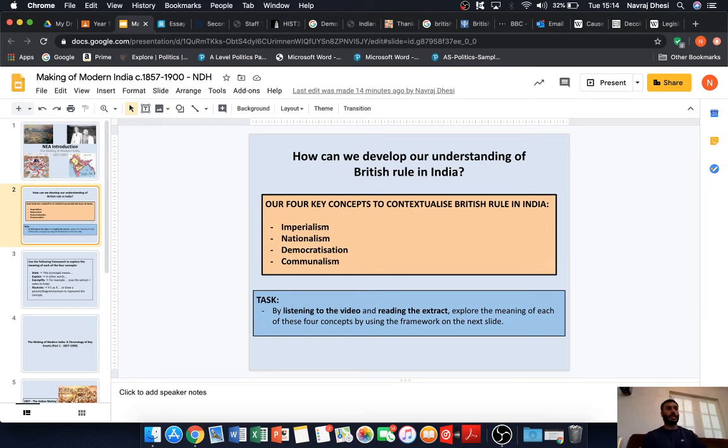Now, in terms of making links between these four concepts, for now, we'll just make simple links, okay? The simple links that we can make is between imperialism and nationalism, okay?